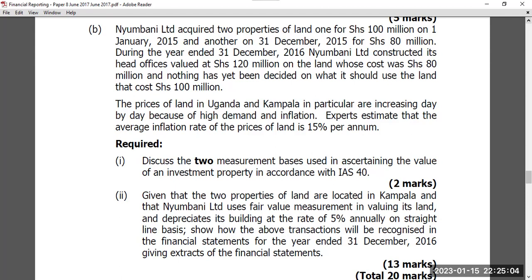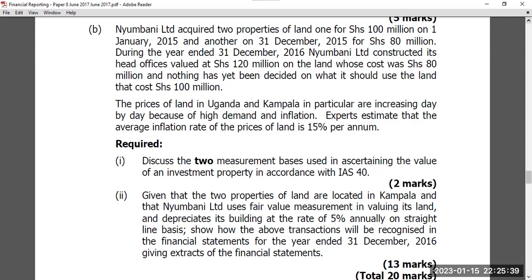It means that this organization is going to be using this building they are constructing as a head office, so even the land is going to be occupied by the head office, which means that the land where they constructed this building, both of them, we are going to be accounting for under IAS 16.